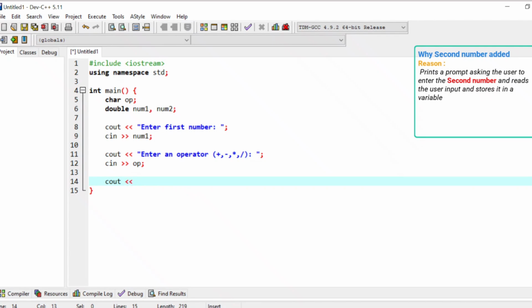Then it asks for the second number and stores it in number 2.